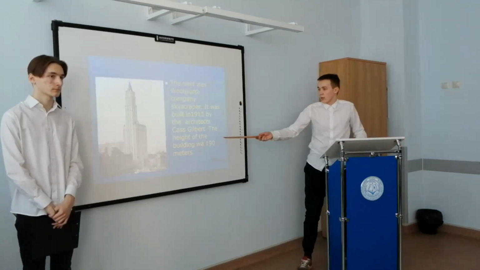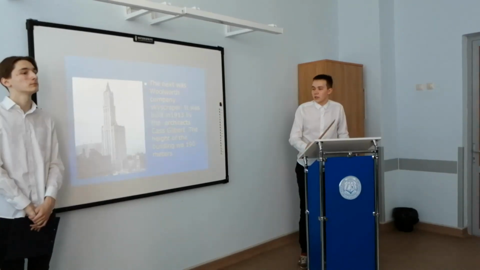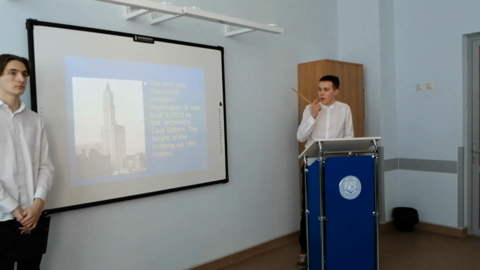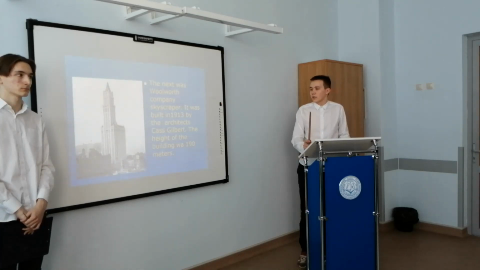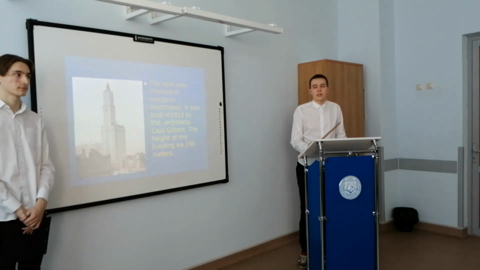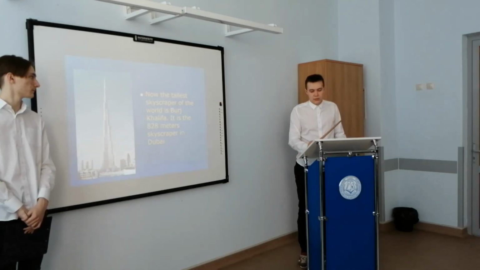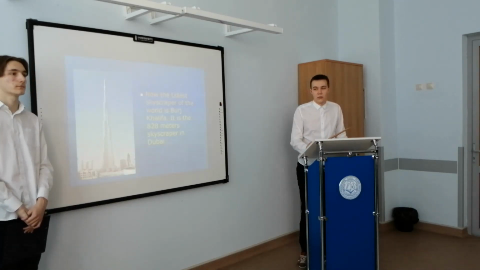The next was Woolworth Company skyscraper. It was built in 1914 by the architect Gus Gilbert. The height of the building was 120 meters. Now the tallest skyscraper in the world is Burj Khalifa.